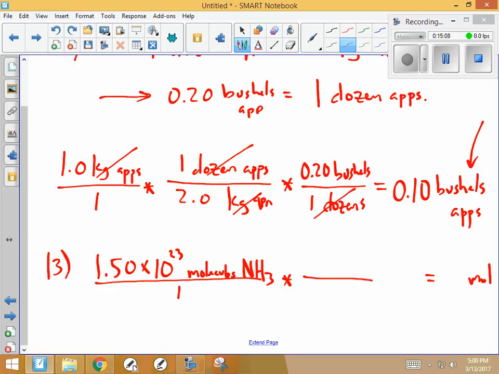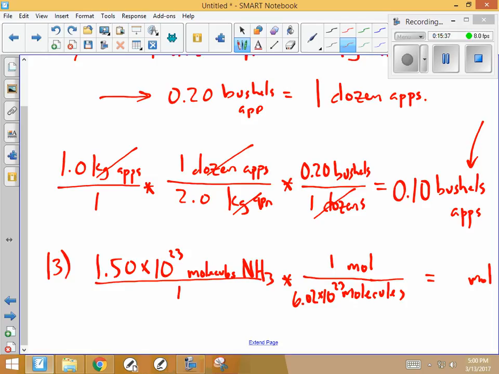So I'm writing it over here, my answer, moles. On bottom, I'm going to have the units molecules on my conversion factor. And on the top, we're going to have moles as my unit. And this should be a familiar conversion factor for us. 1 mole is 6.02, Avogadro's number again, 10 to the 23rd molecules.